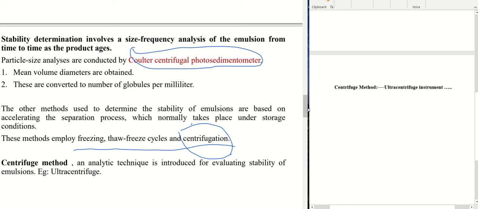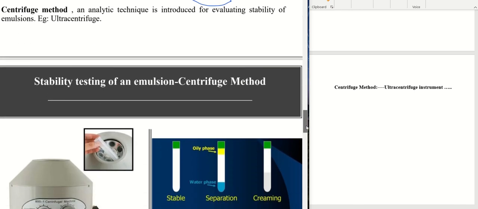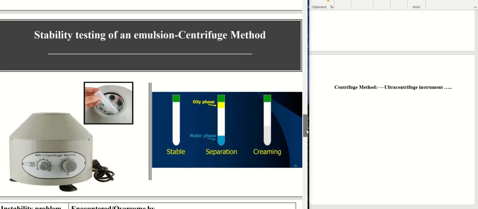How does this centrifuge act? Now, this is the centrifuge that is used to study the stability of an emulsion.